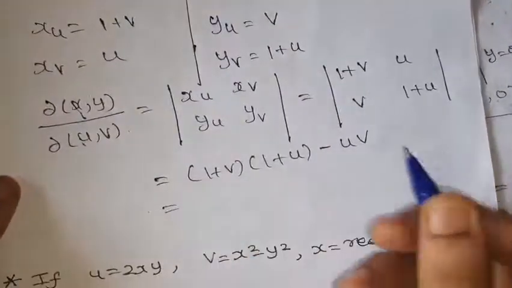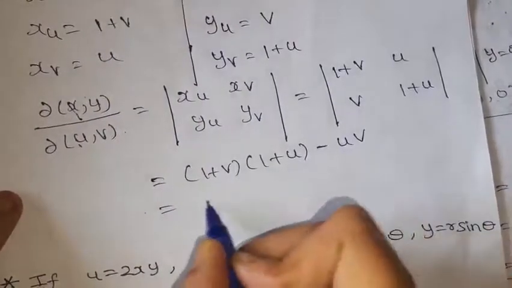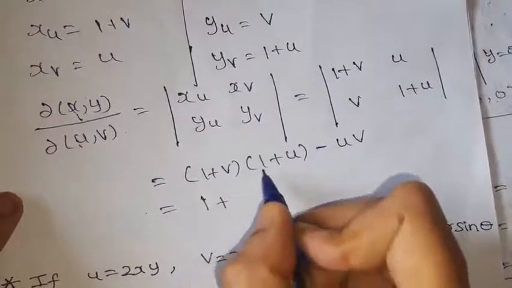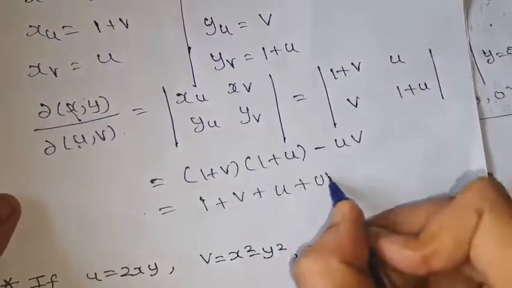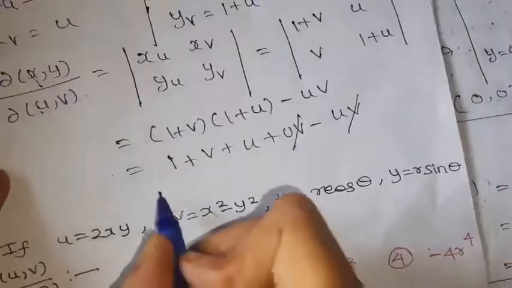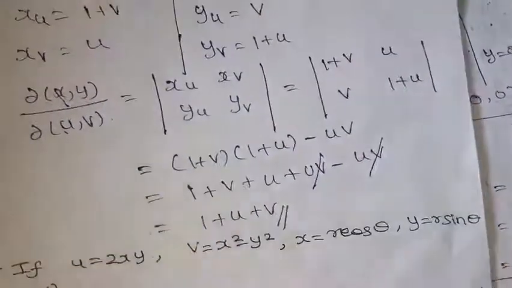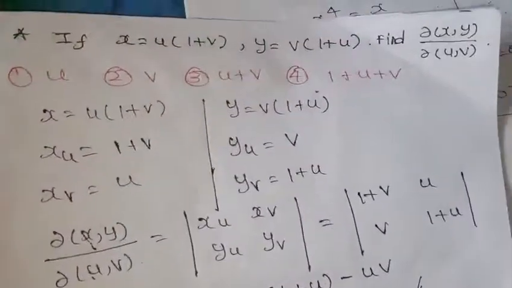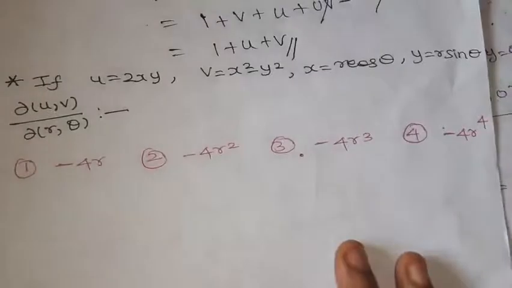Cross multiply inside and we can simplify further according to the options. Okay, 1 plus v plus u plus uv, here also minus uv. Plus uv minus uv will get cancelled. 1 plus u plus v. So 1 plus u plus v is the right option for this question. Option 4 is the right option. Then what is the next one?